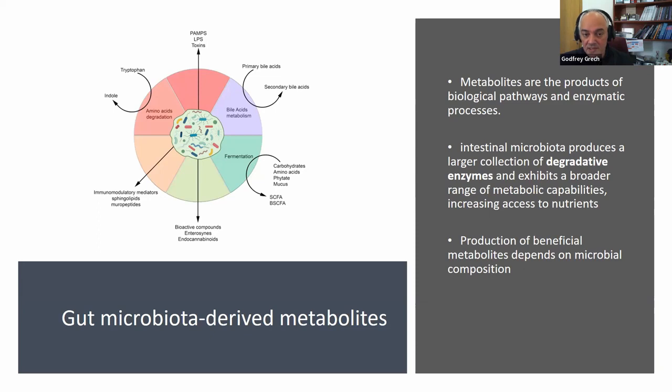So the balance is extremely important to maintain these health-promoting substances. So I already defined metabolites, which are the products of some kind of enzymatic process. An enzyme is an active protein that changes a compound into a different compound. So it is an enzymatic process.